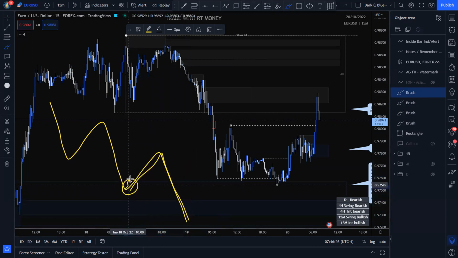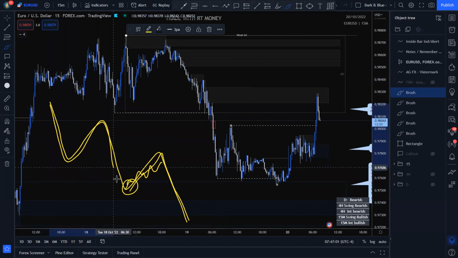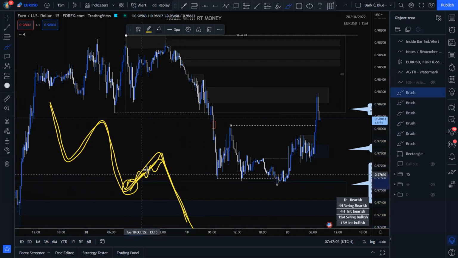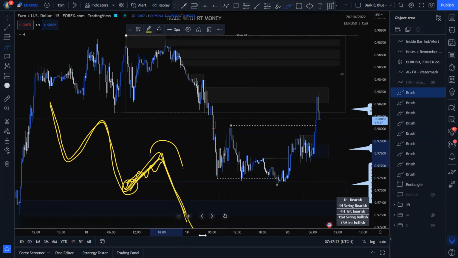So the lower time frame is going to be in an uptrend while the higher time frame is still in a downtrend. The lower time frame is only fulfilling the framework of the higher time frame. You understand? So when the 4-hour and the daily are bearish and the 15-minute is bullish, you've got to know it's getting ready to form a lower high. That is the objective. Got it?